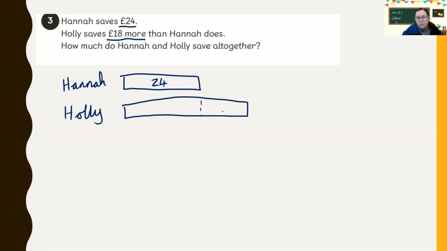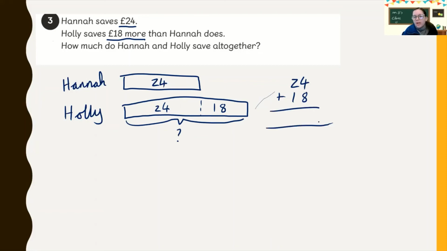So we know that she saves £18 more than Hannah, and Hannah saves 24. So to find what Holly saves, you need to add these parts together to make the whole of what Holly saves. So 24 add 18.